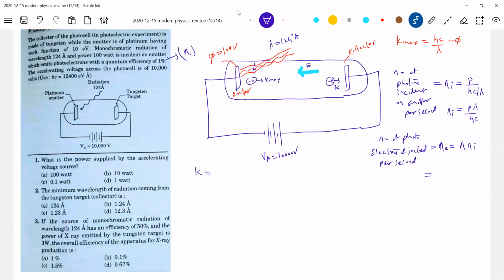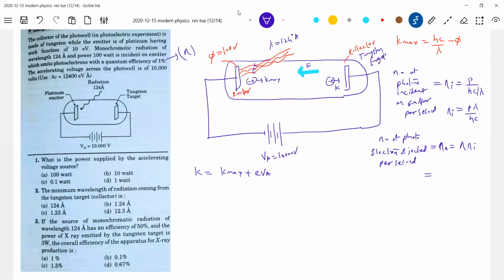It is the kinetic energy plus charge of electron e into VA. This is the kinetic energy with which the electrons will strike the collector, which is the tungsten target. This is also needed.